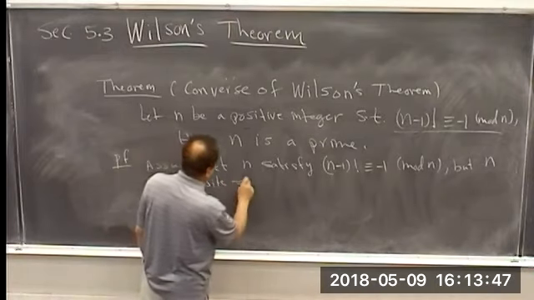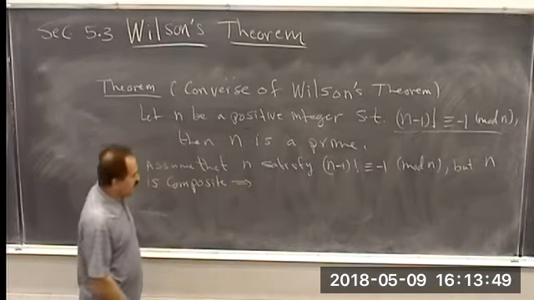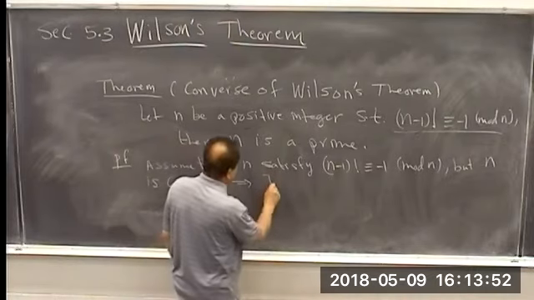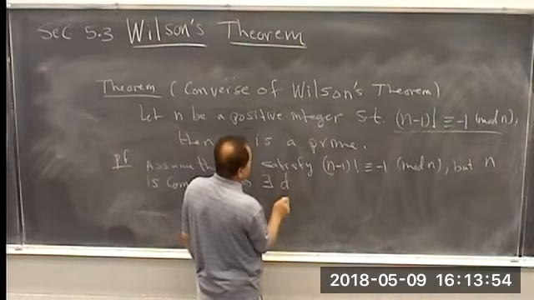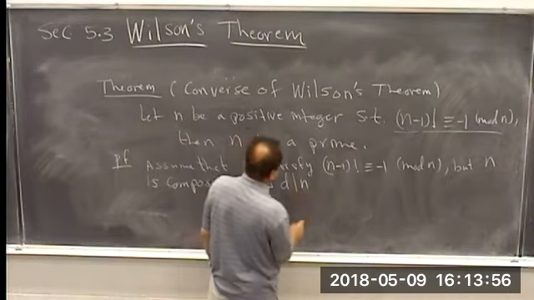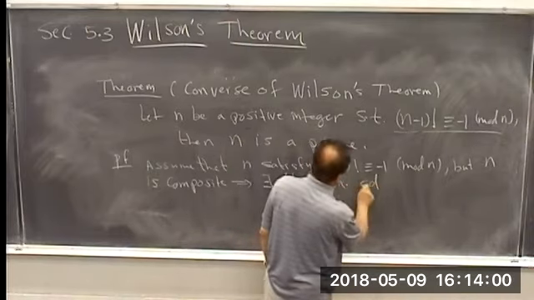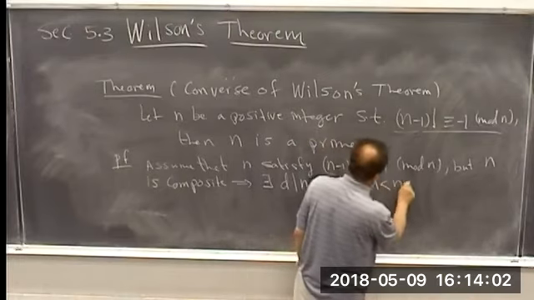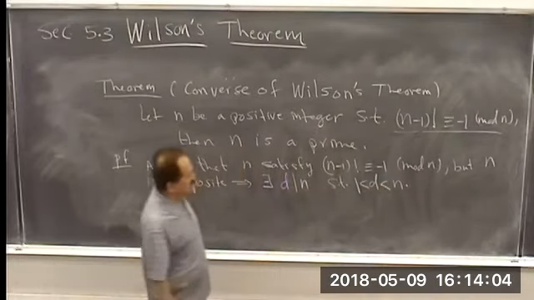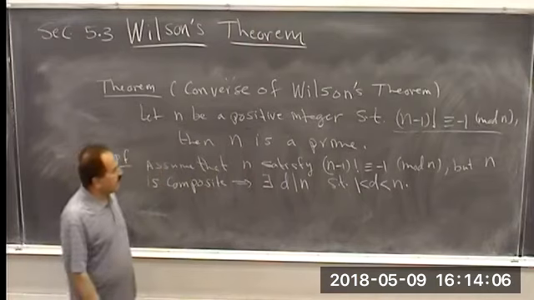So this implies that there exists a divisor d that divides n such that d is bigger than 1 and less than n. Okay, so there's a proper divisor of n.